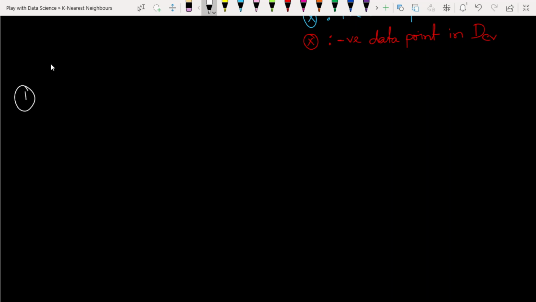First we have seen our D train data, D cross validation data, and as well our D test data.